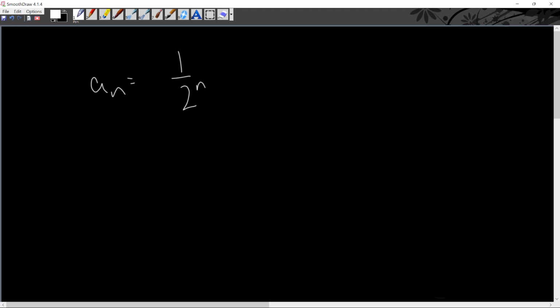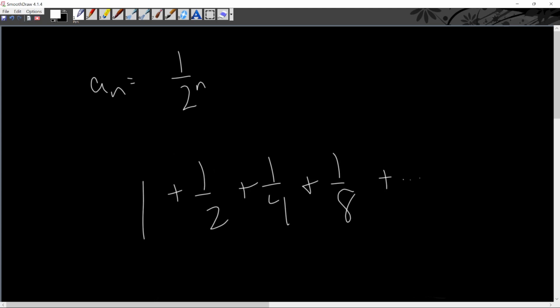If we say that a sub n is equal to 1 over 2 to the n, then if n is equal to 0, we start at 1, and then you go 1/2, 1/4, 1/8, on and on. And we can say that the series looks like 1 plus 1/2 plus 1/4 plus 1/8, and then on and on.